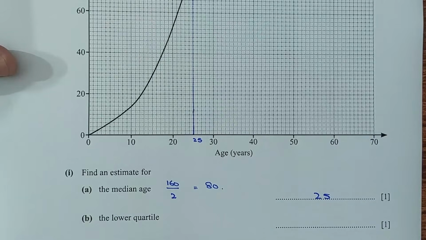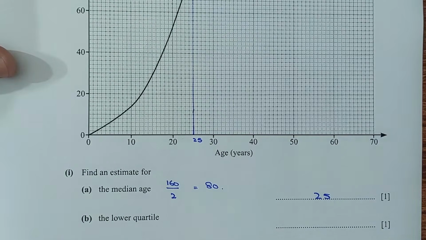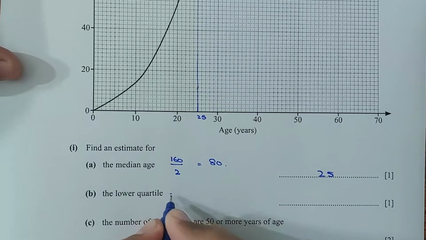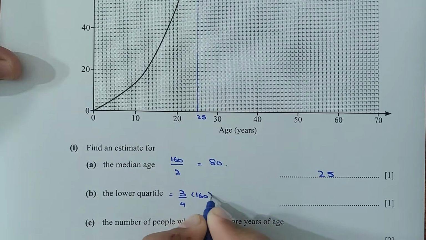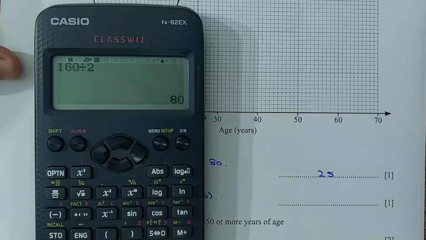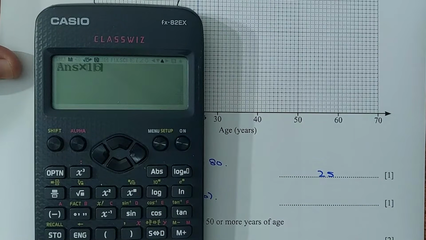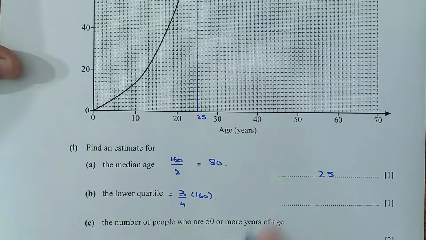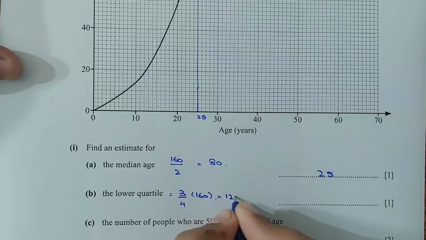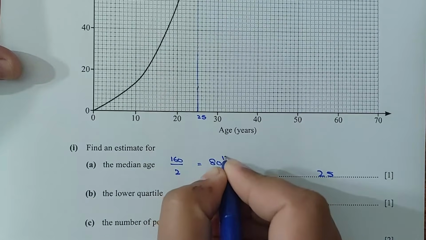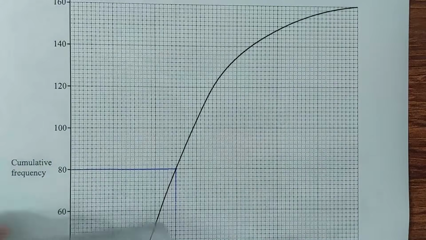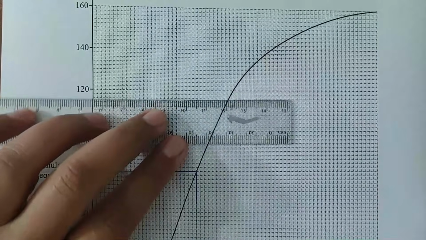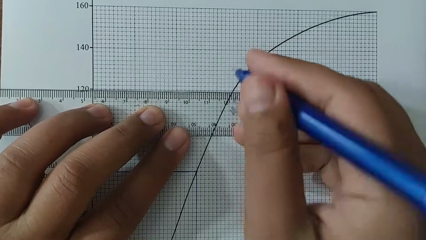Now for the second part, B, the lower quartile. The lower quartile is basically 3/4 of 160, which is 120. So we have to calculate the 120th value. Let me check on the cumulative frequency curve.